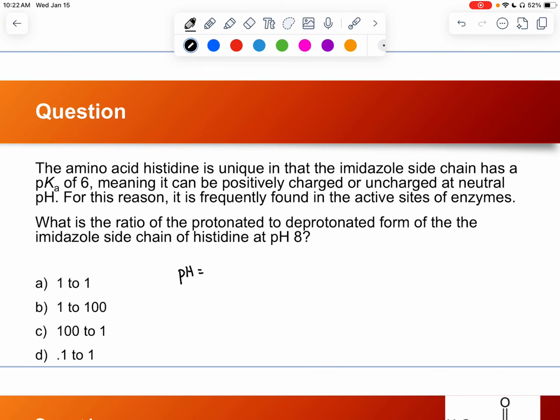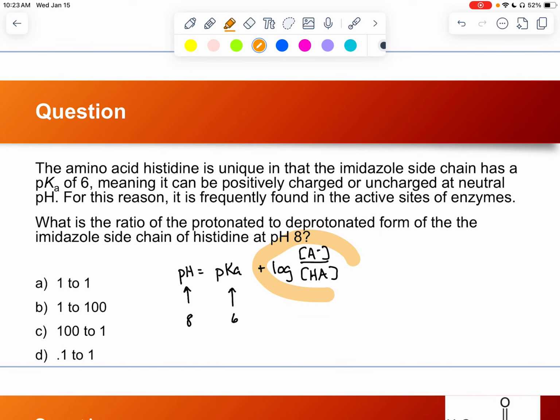All right, I'm going to start with Henderson Hasselbalch. And I know that the pKa is 6, the pH is 8. So I know I need this log value to essentially give me a value of 2, positive. So first of all, I know that this ratio has to be a number greater than 1.